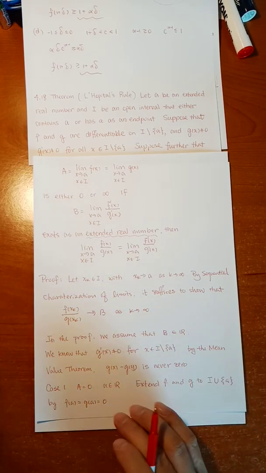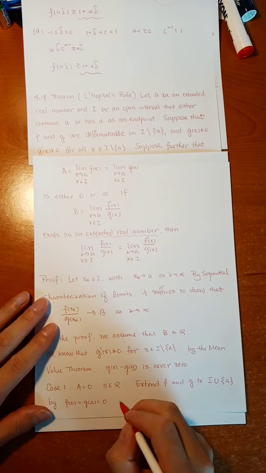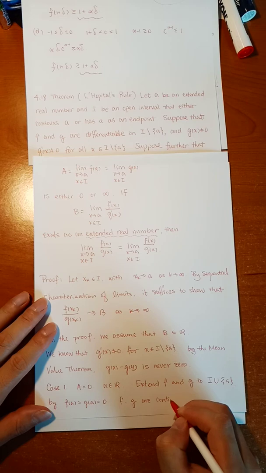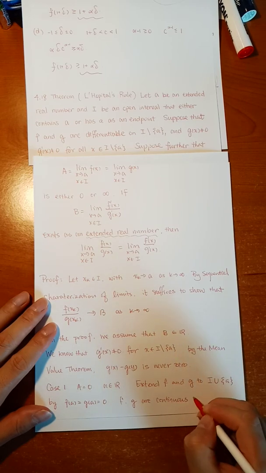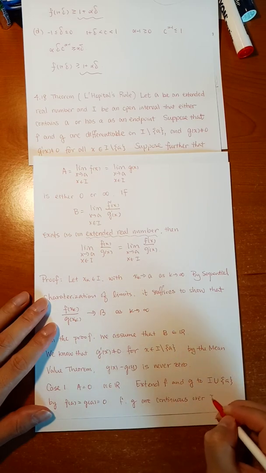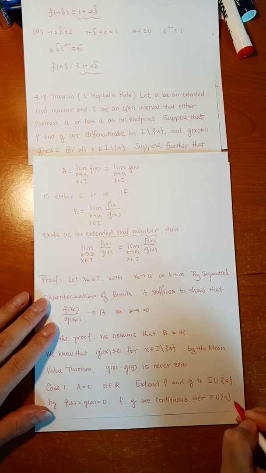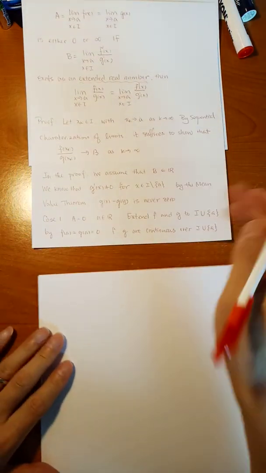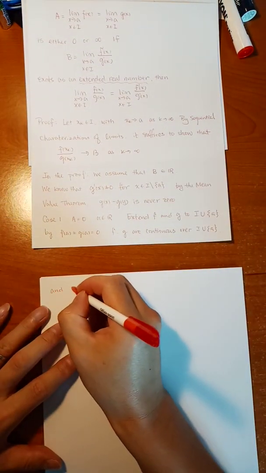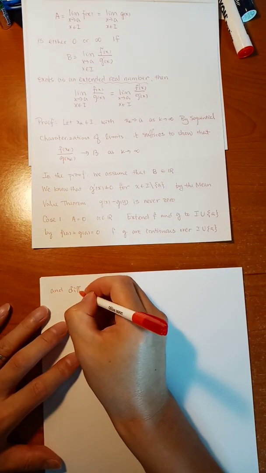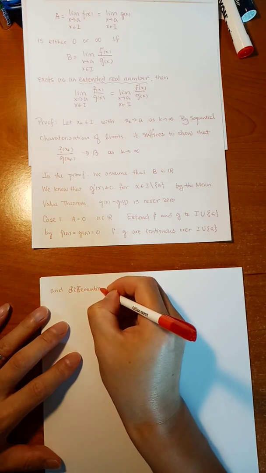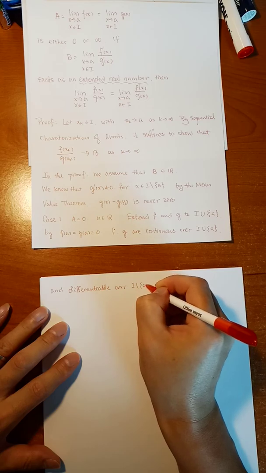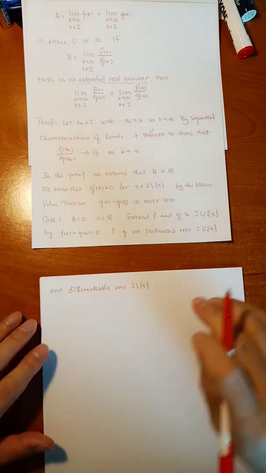Then f and g are both continuous over I union A, and differentiable over I but without A.